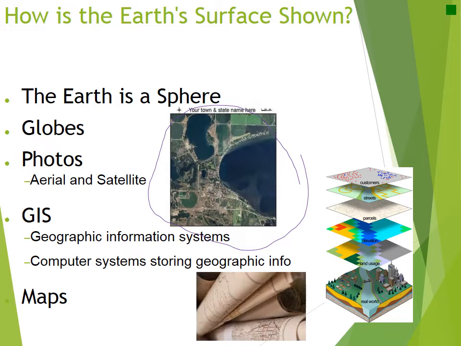Now, the GIS, I'm going to go ahead and skip because there's a video up in the corner that you can watch about the GIS. But maps is the last one I want to talk about. Now, it's really hard to carry a globe around, especially one that shows the level of detail that you want. And so it's so much easier to carry a piece of paper around, a square, regular piece of paper that will show you whatever you need to know to get from one place to another.